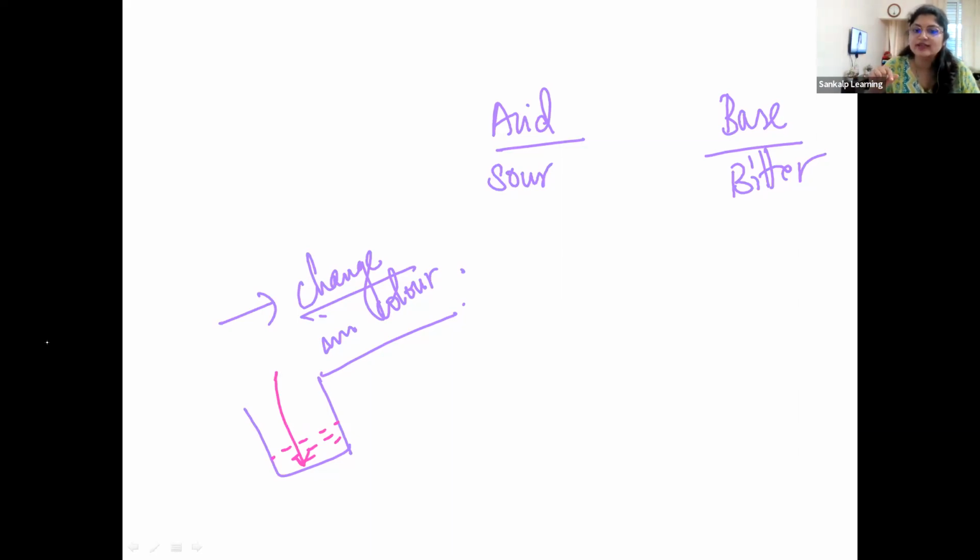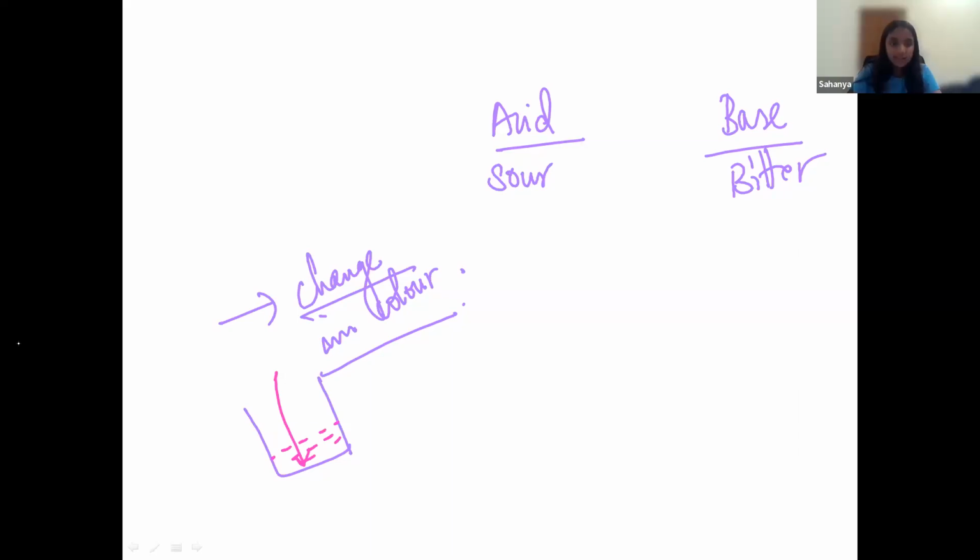Now this solution is not turning blue, it is remaining red only. Then what does it mean? What type of solution is it? Red is remaining red only. It is acid.